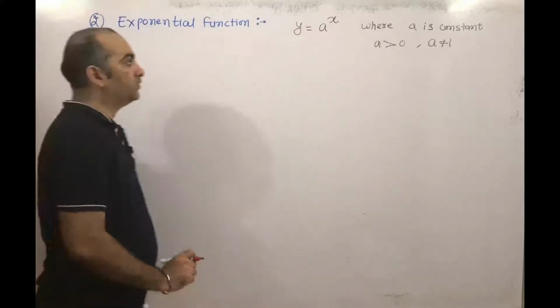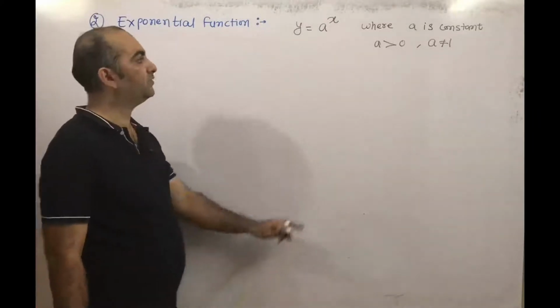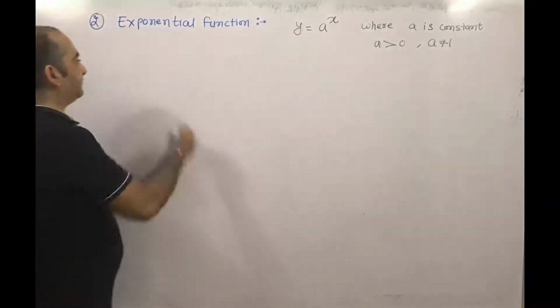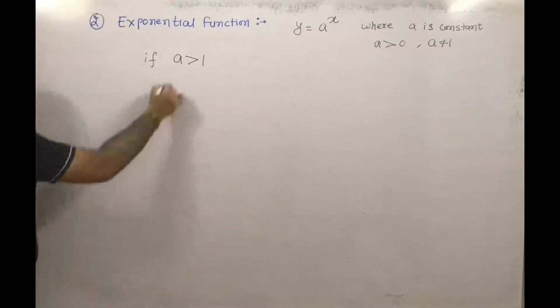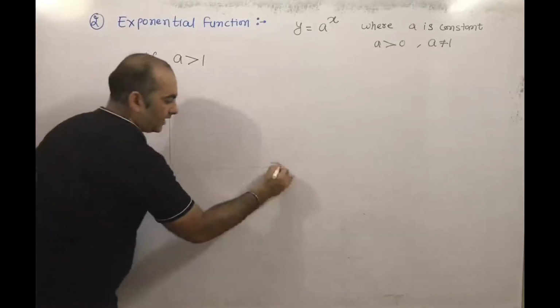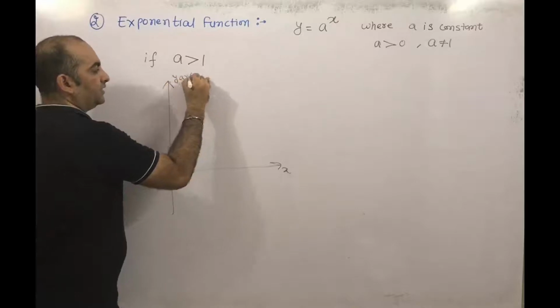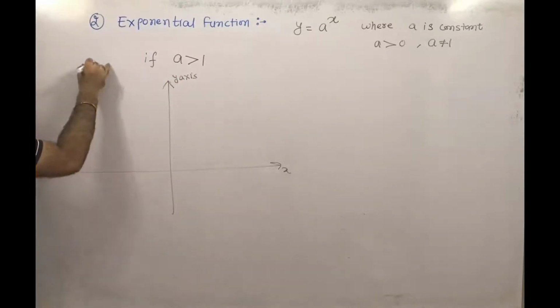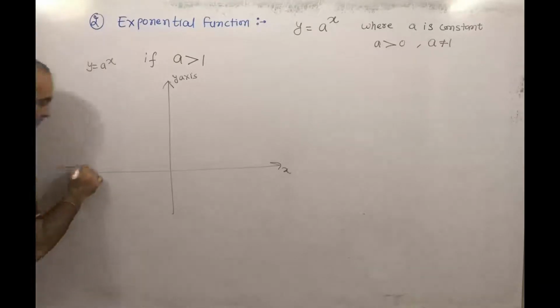Here we are discussing the graph of the exponential function. The graph depends on a. If a is greater than 1, then this is the x-axis, this is the y-axis. Then the graph of y equal to a power x will come like that.